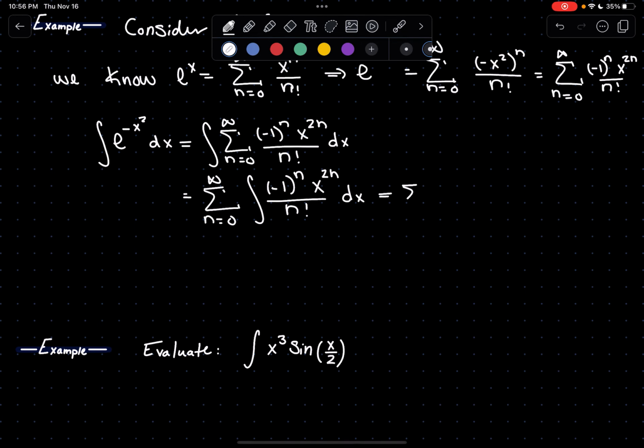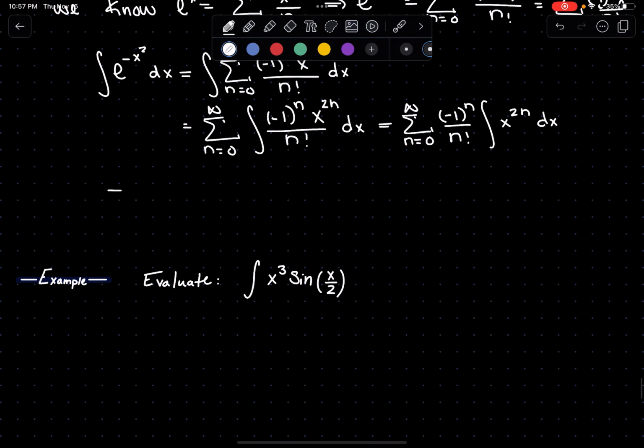I get sum from n equals 0 to infinity, I pull that junk out, negative 1 to the n over n factorial, integral x to the 2n dx. Okay, easy integral, power rule, right? This is equal to the sum 0 to infinity, negative 1 to the n over n factorial.